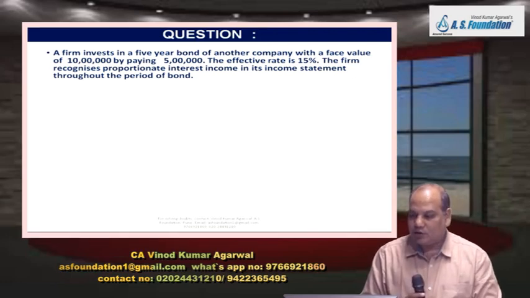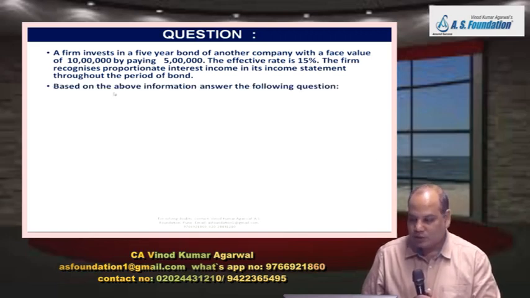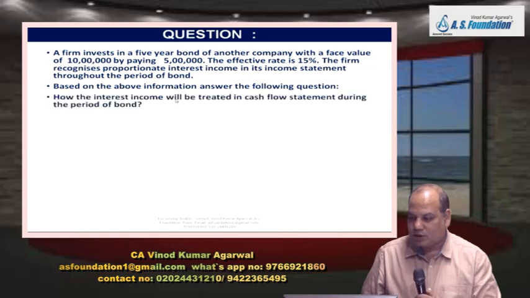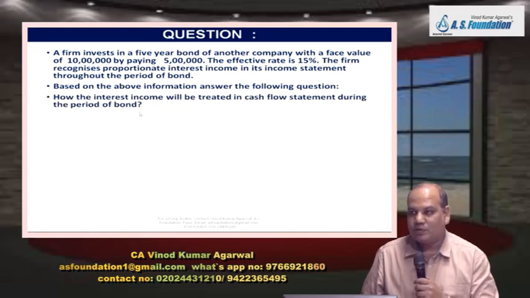The firm recognizes proportionate interest income in its income statement throughout the period of the bond. Based on the above information, answer the following question. How the interest income will be treated in cash flow statement during the period of the bond?